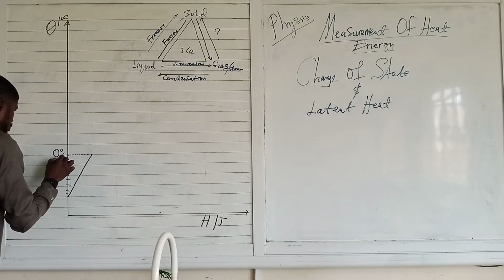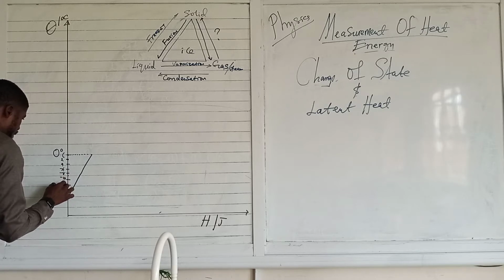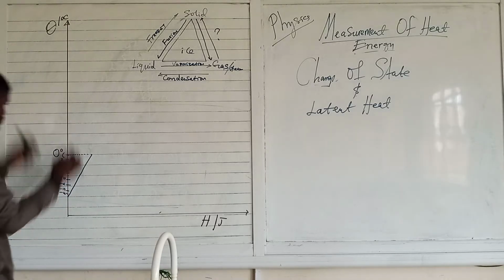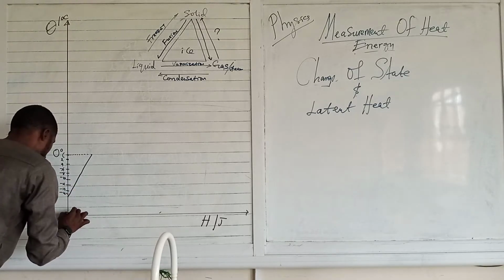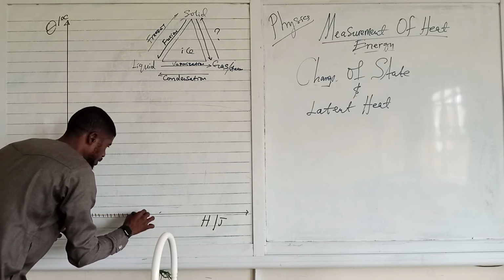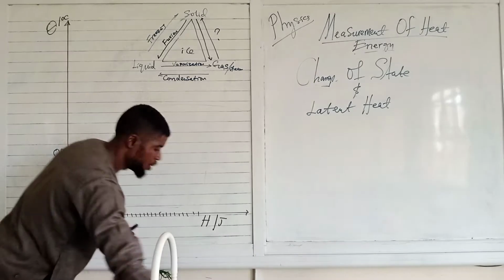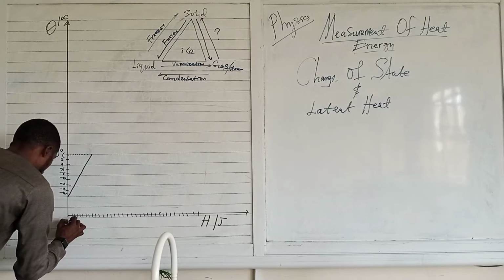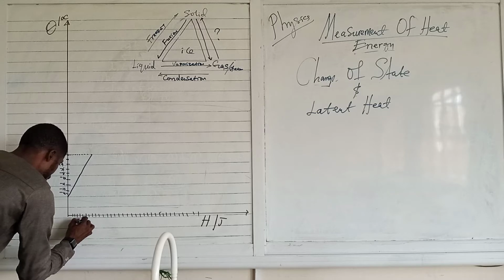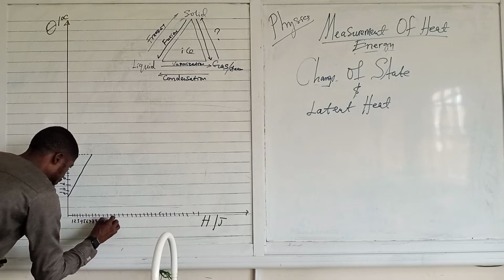So this is my -2, -4, -6, -8, -10, -12, -14, -16. Now, this is the quantity of heat energy in joules. So let's say this is 1, 2, 3, 4, 5, 6, 7, 8, 9, 10, 11, 12, 13, 14 joules of energy.